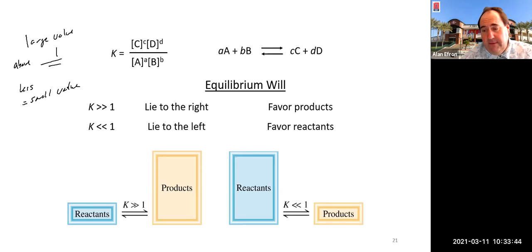So typically, when we're dealing with equilibrium constant values, if you have a negative exponent, it's probably a small value. If you have a positive exponent when you're calculating the equilibrium constant, it would be a relatively large one.